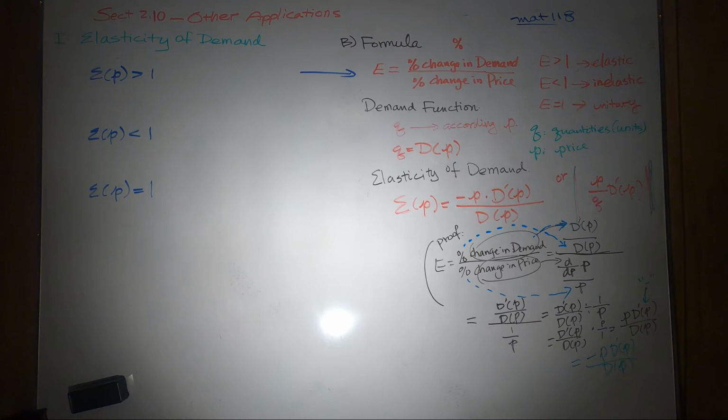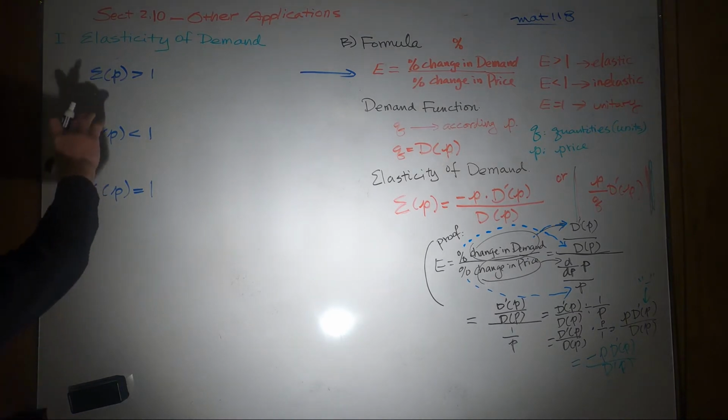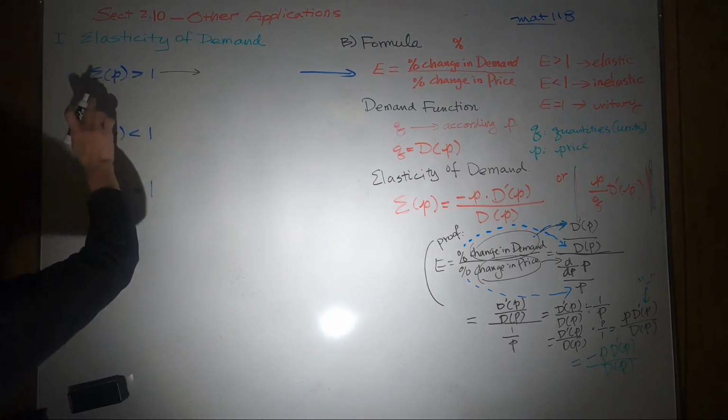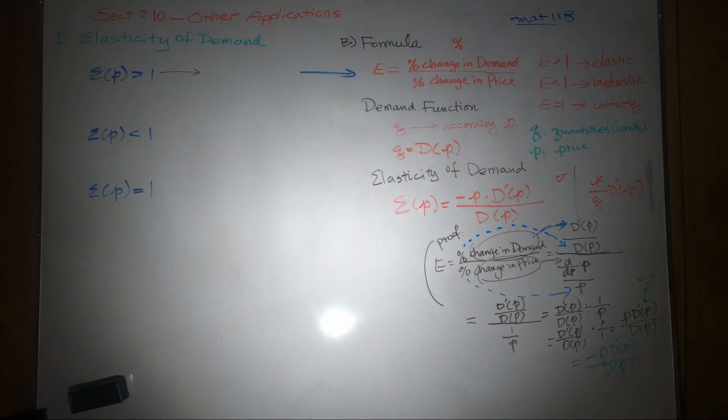So when the elasticity is bigger than 1, should we raise the price or drop the price to increase the revenue? Okay, so we say if this one, it means what? The quantity is responsive to the price change, right?